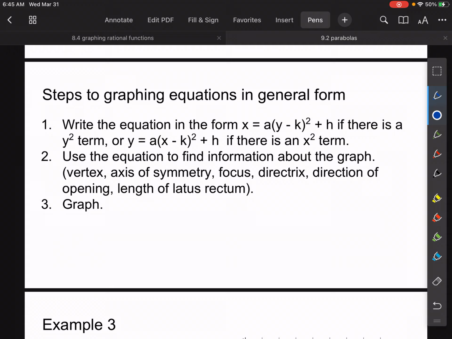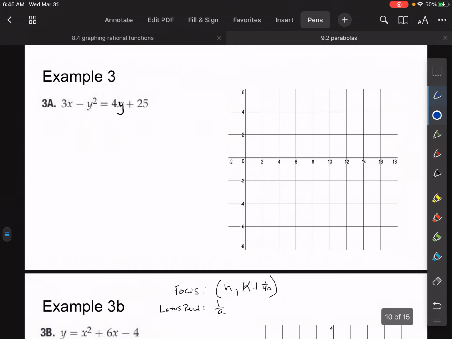So it says here, write the equation in the form x equals a times y minus k squared plus h if there is a y squared term, or y is equal to a times x minus k squared plus h if there's an x squared term. So it depends on which term is being squared. Use the equation to find the information about the graph and then graph it. Okay, so those are our steps.